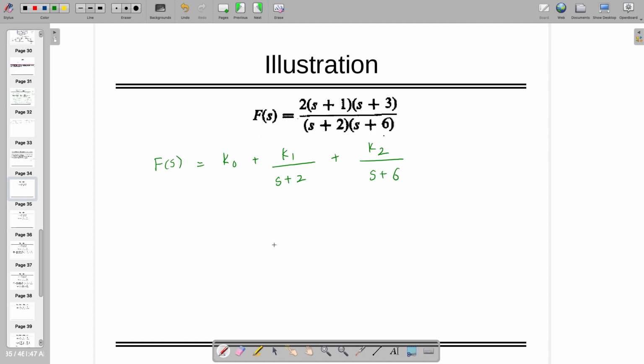It might be 2. So if you're getting a negative entry, do not be afraid to say it's negative. What is K1? It is minus 1 by S plus 2.